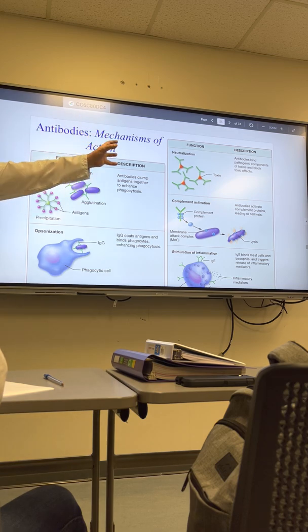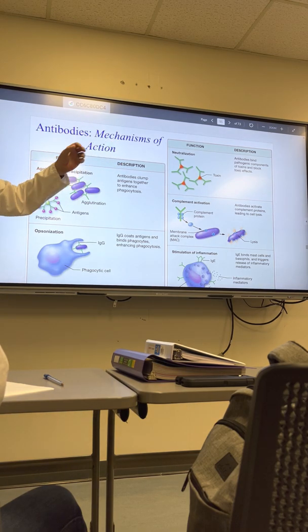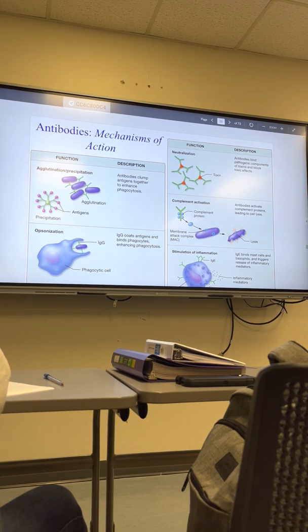IgM, because it has five little stars to it, really specializes in agglutination and precipitation. And of course, this is why if you have a blood transfusion of the wrong type, you get that agglutination, that clumping together, because it's the IgM that's doing that job.